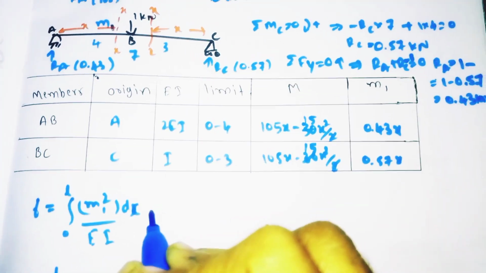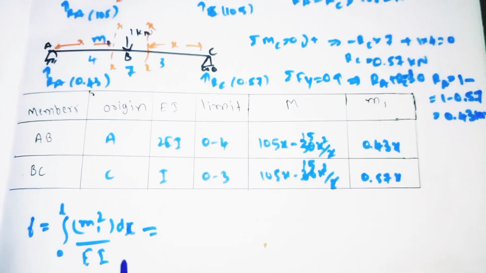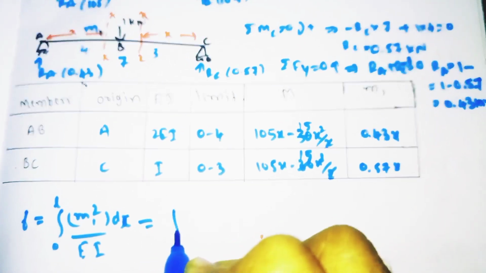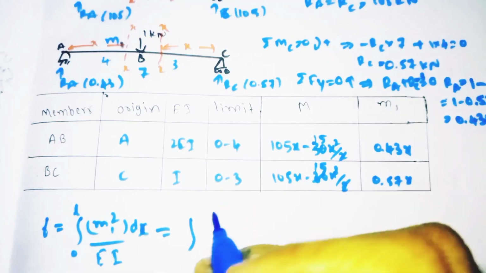So now substitute all the values. For AB we have the limit 0 to 4.